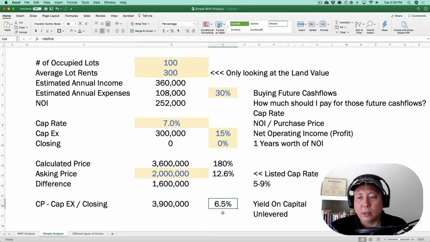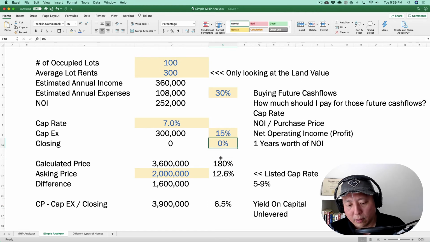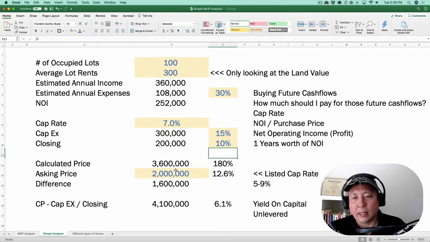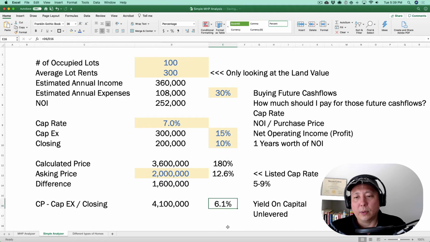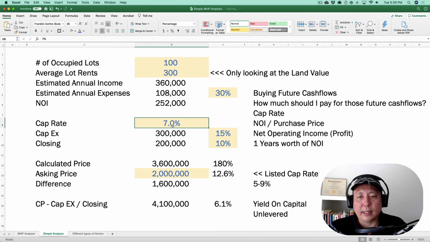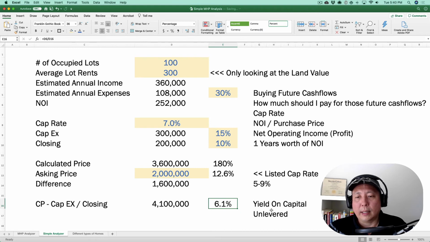But it's actually going to be closer to a 6.5% because of this additional CapEx that's needed. Let's say that you need an additional 10% in closing costs for whatever reason. Well, now you're down to a 6.1%. So even though the cap rate says it's a 7 cap at $3.6 million, it's actually a 6.1% yield on capital once you start to factor in these other expenses.